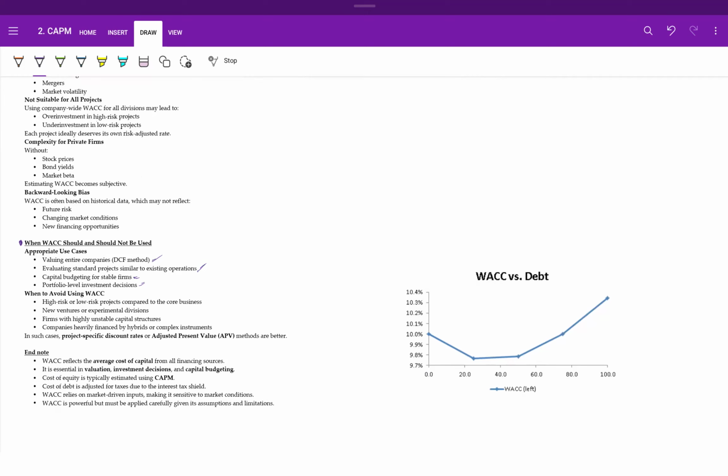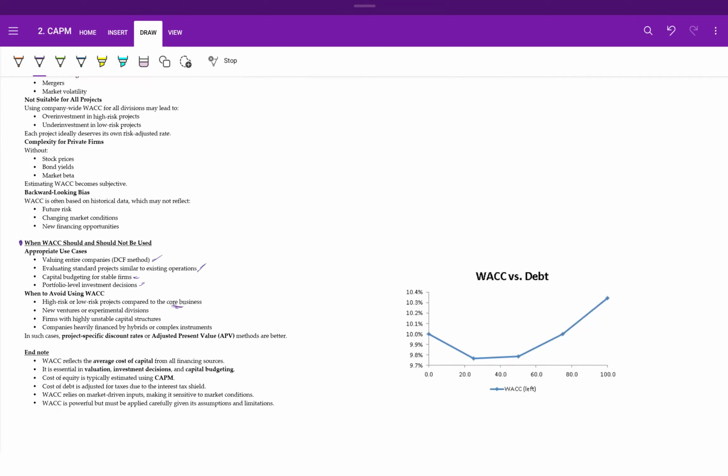But you should not be using weighted average cost of capital when there is high risk or low risk projects outside the core business. So why outside the core businesses? Because you actually have the understanding of your business, not everybody else's business. So understand this thing. What does core business mean?